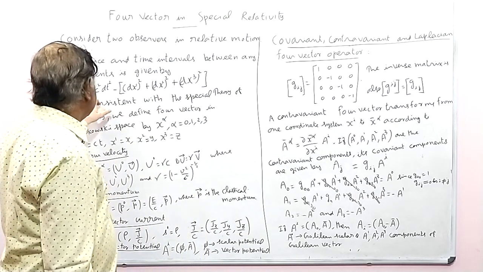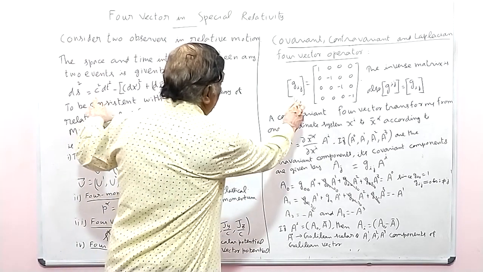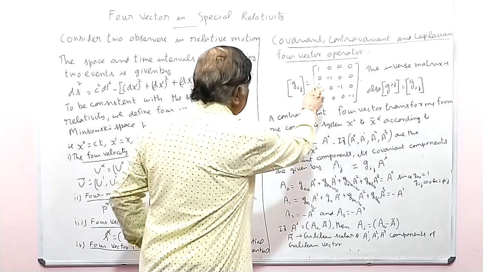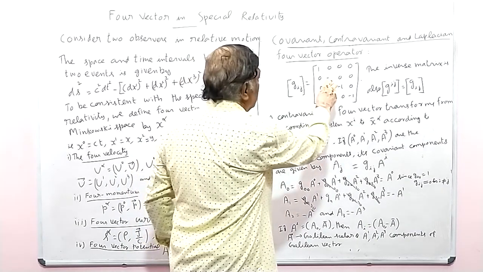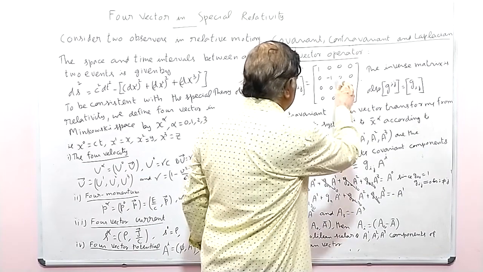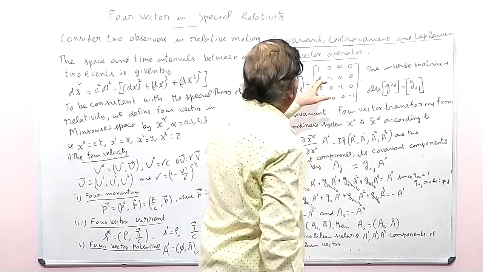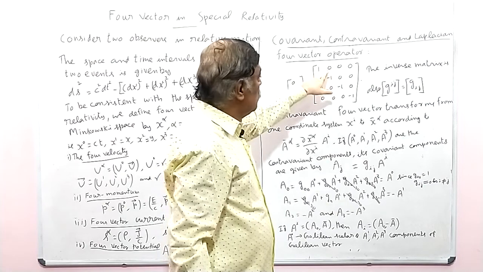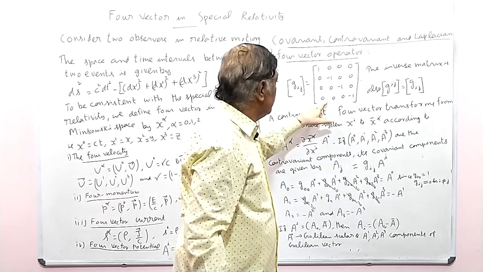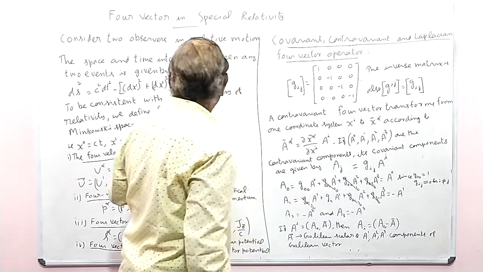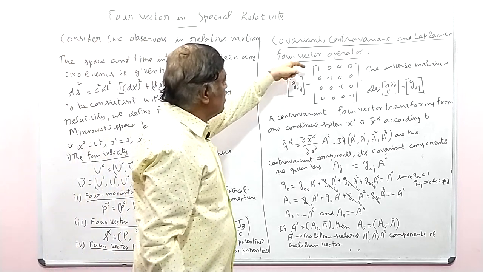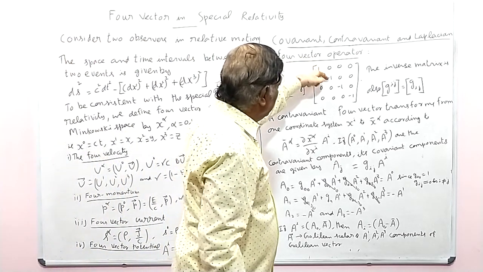The covariant metric tensor Gij is a tensor in matrix form, with components G00, G01, G02, G03 and so on. It is expressed in matrix form as 1 0 0 0, 0 minus 1 0 0, 0 0 minus 1 0, 0 0 0 minus 1, because this is minus dx1 square minus dx2 square minus dx3 square. So the signature is plus minus minus minus.